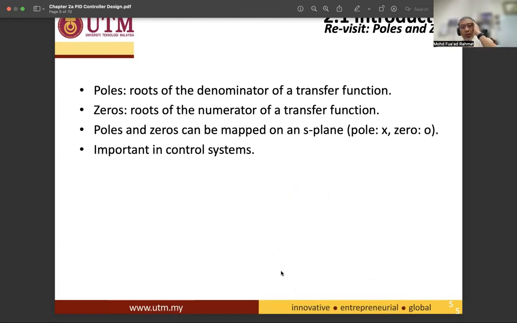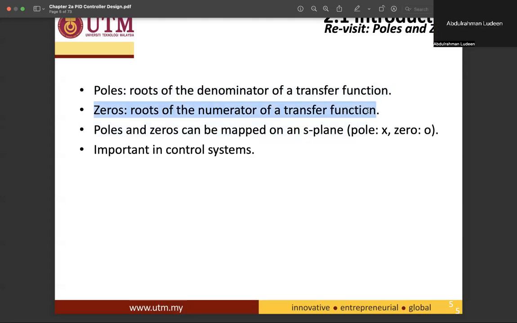By this stage, I hope you already know the definition of poles, which are the roots of the denominator of the transfer function, and the definition of zeros, which are the roots of the numerator. Poles and zeros of the open loop and closed loop have different values, as we learned in root locus theory.